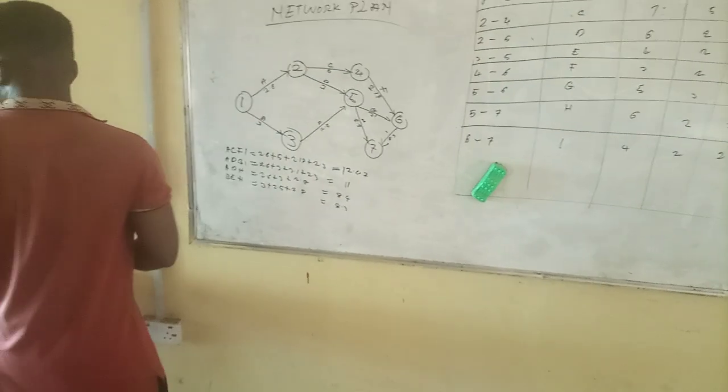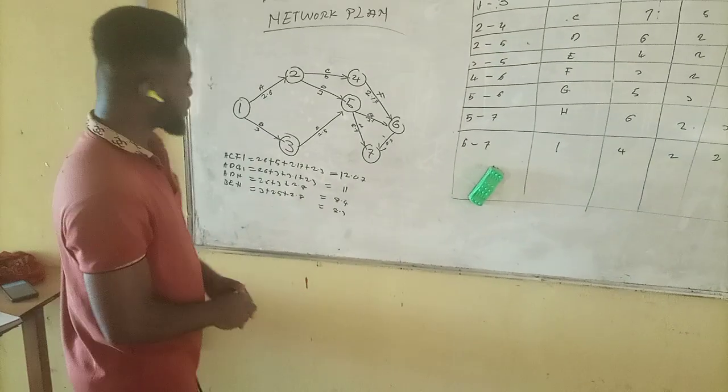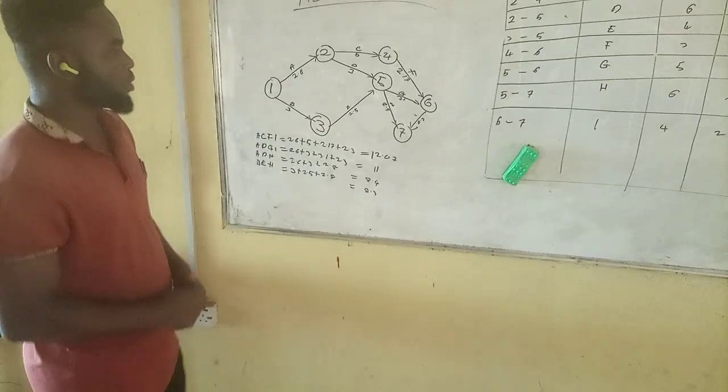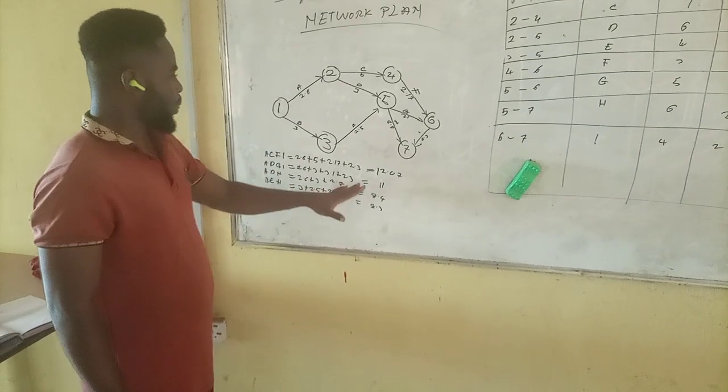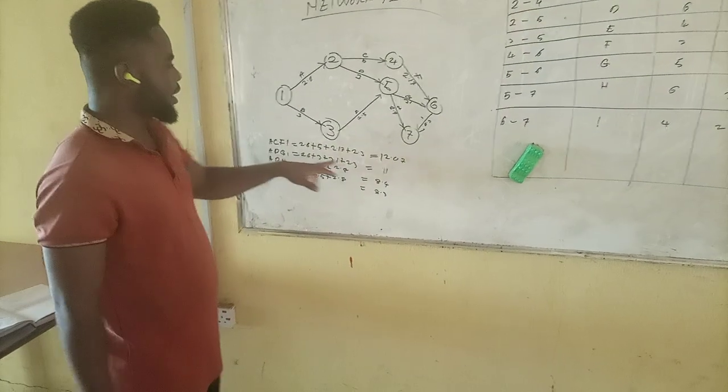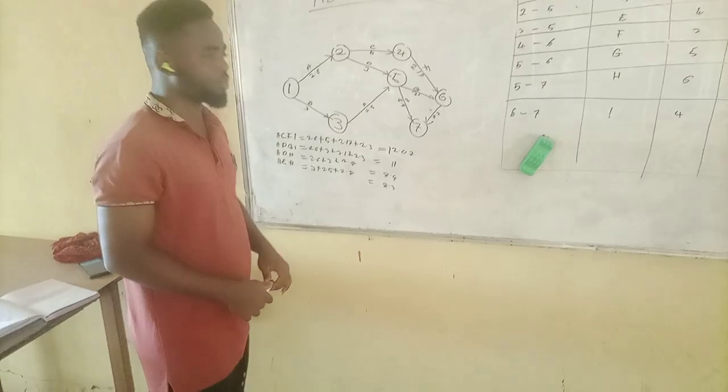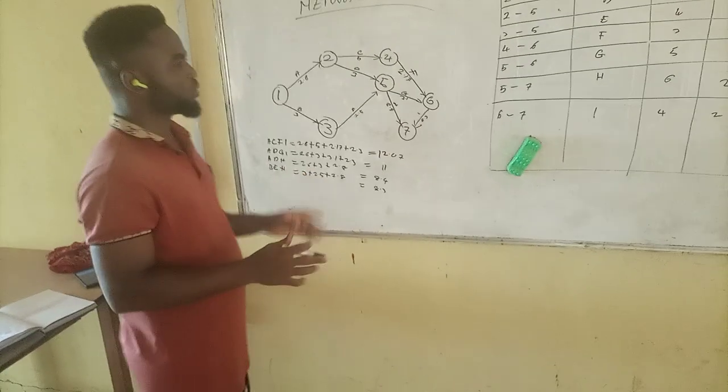So from this calculation now, we see that ACFI is the most critical path we have here. So what will we do next?